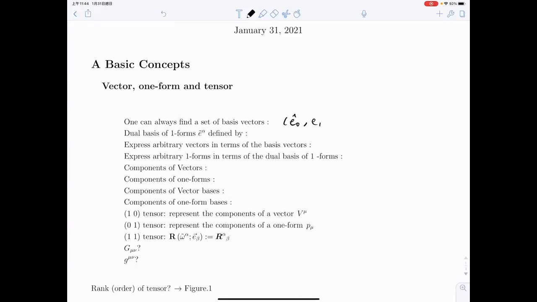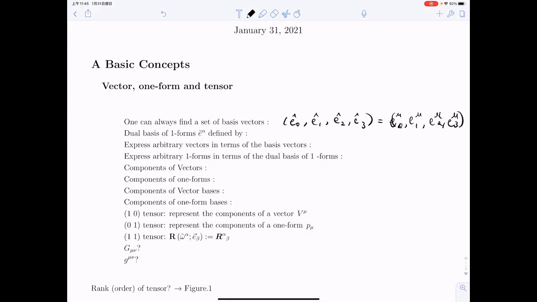If we are using one time coordinate and 3 coordinates for space, there would be a 4-coordinate system, and we can express the basis vectors like this. Basically, the dual basis of one-forms is the exact counterpart of the basis vectors.